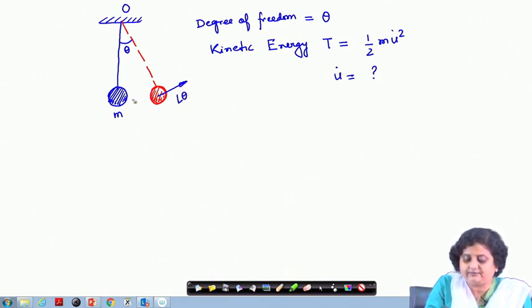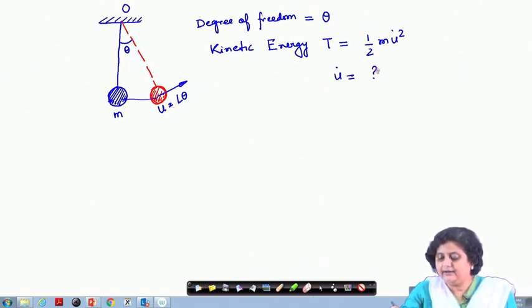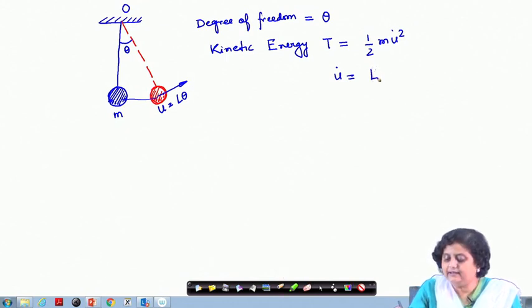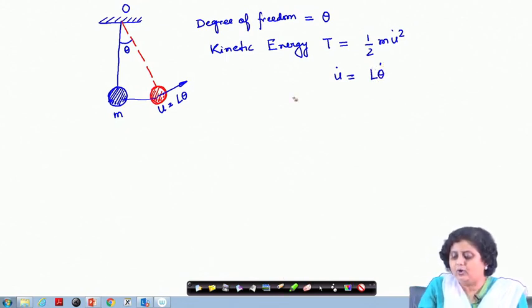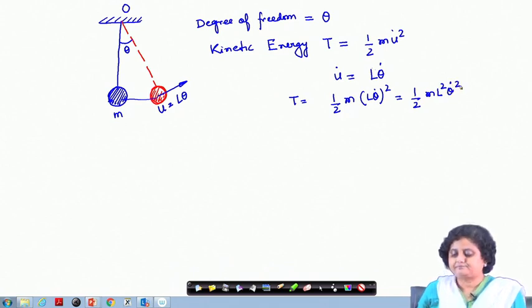So, if u is L theta, u dot therefore is L into theta dot. So, kinetic energy is half m L theta dot square, which is equal to half m L square theta dot square.